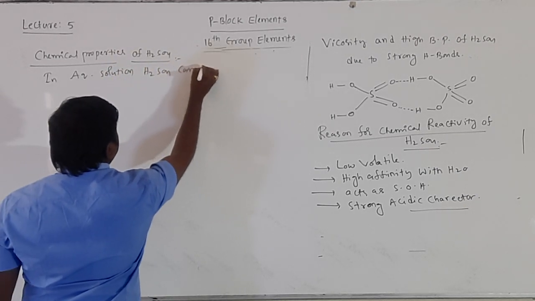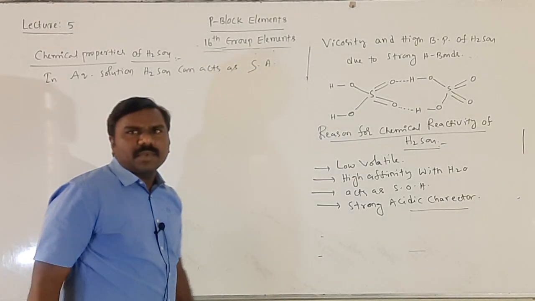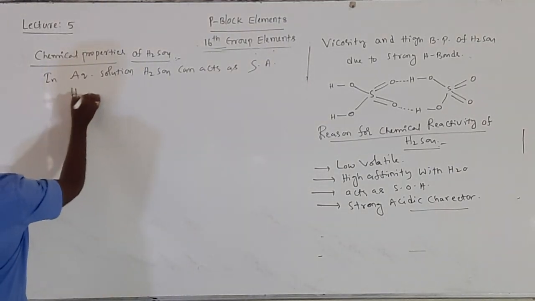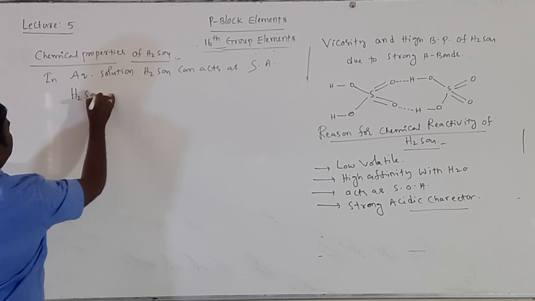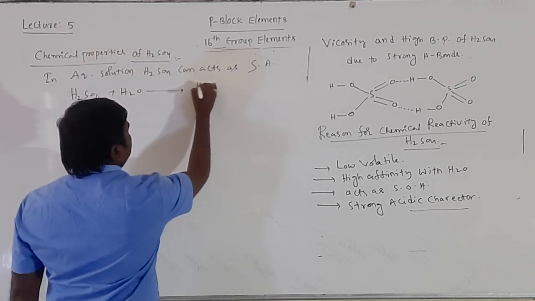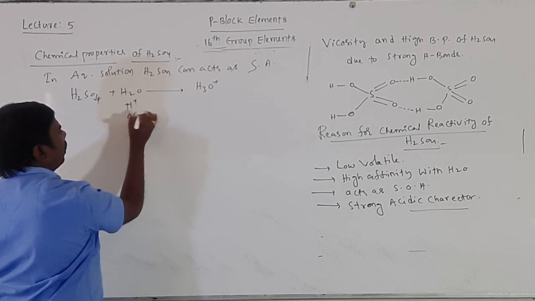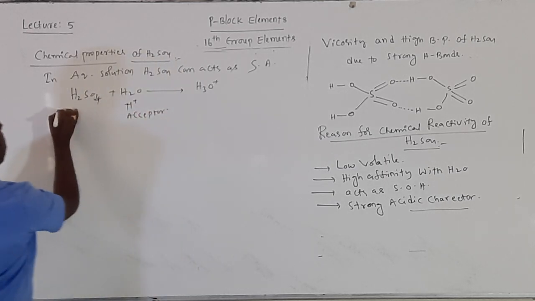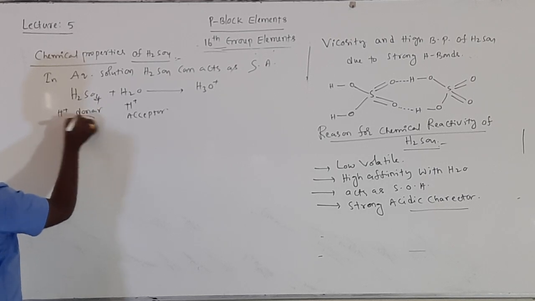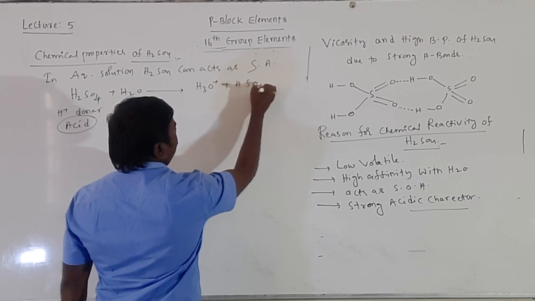The reason behind this is it can donate protons readily. So H2SO4 plus water in aqueous solution gives rise to H3O plus. Water gains the proton, it is the proton acceptor, and H2SO4 is the proton donor. Proton donor is acid. It lost one proton, that's why HSO4 minus.